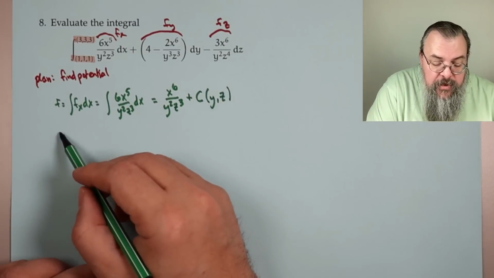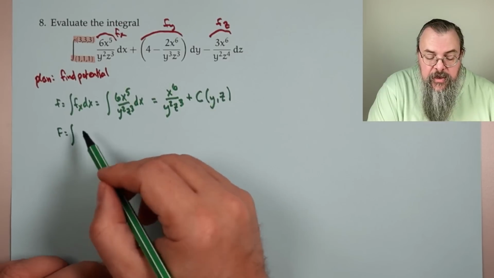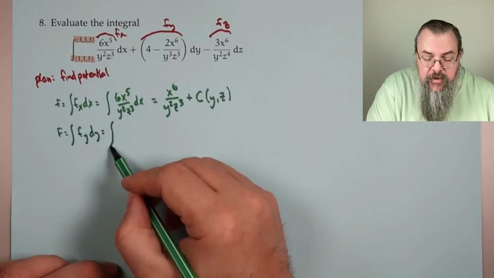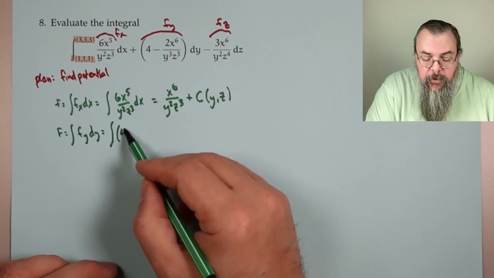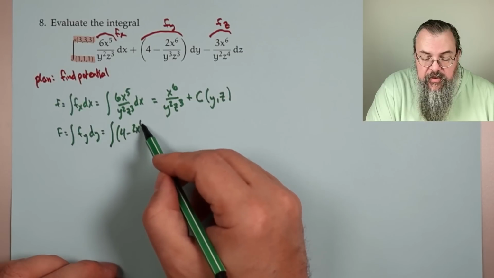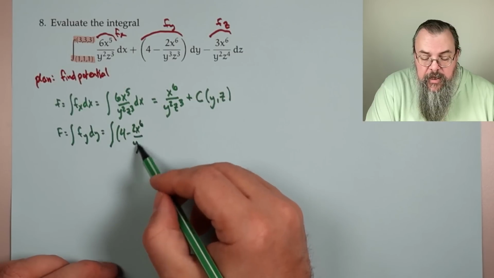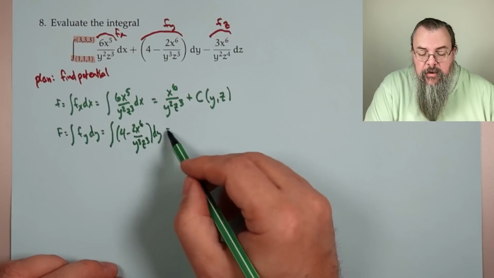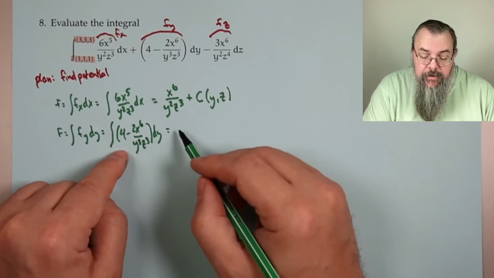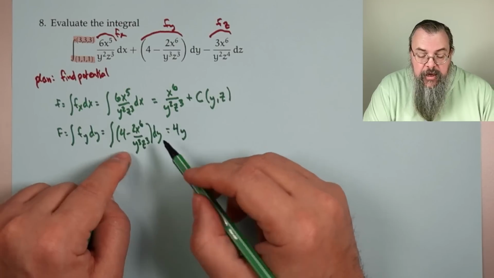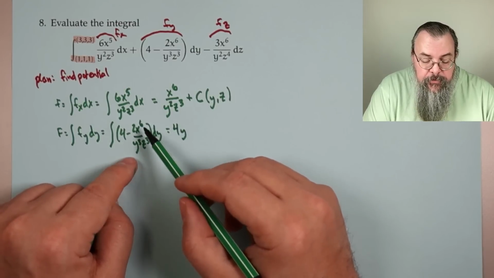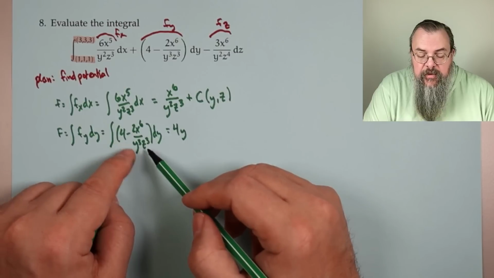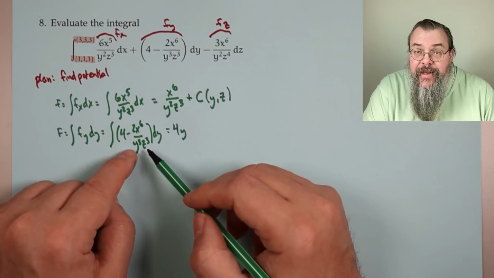All right, we also know f is the integral with respect to y, dy, so that's the integral of 4 minus 2x to the 6 over y cubed z cubed dy. Well, the integral of 4 is 4y. Now here, x and z are constants. This is really like y to the minus 3. So what would you do?